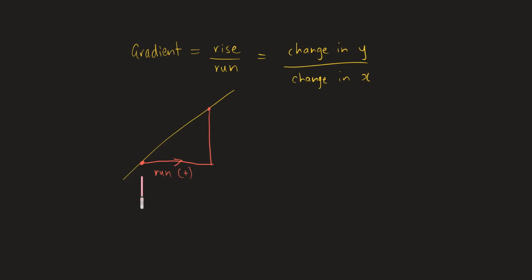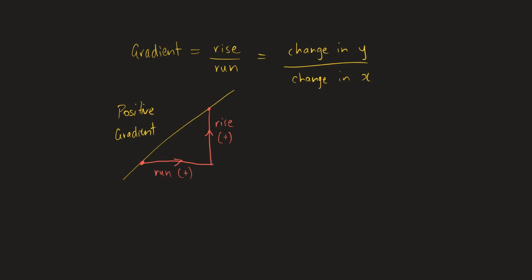In terms of the x-axis, it's going to bigger numbers, so therefore in a positive direction. And the rise, if you think of our y-axis, is also going in a positive direction, moving from smaller numbers to larger numbers. So this is a positive gradient.